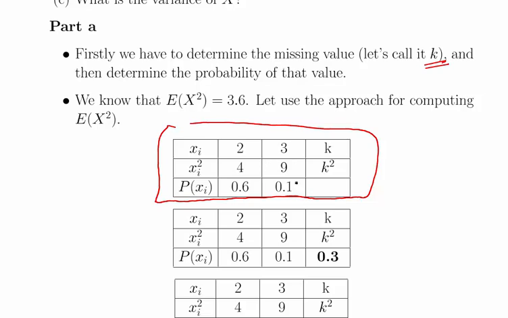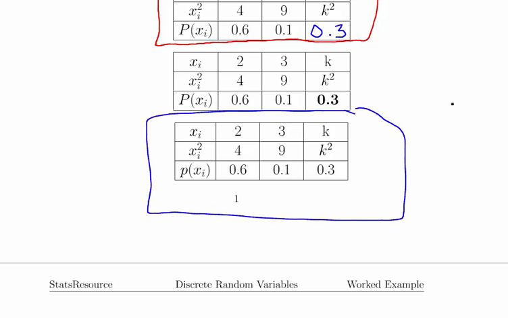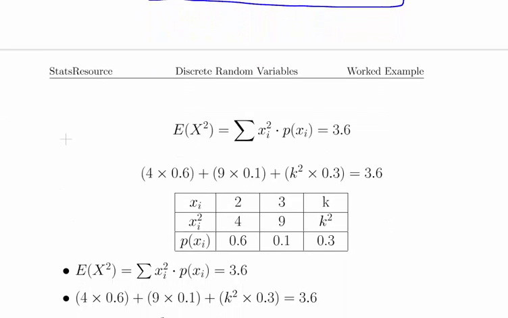We know that the probability of 2 is 0.6 and the probability of 3 is 0.1, so necessarily, this must be 0.3. That's good so far. So this is all set up there.